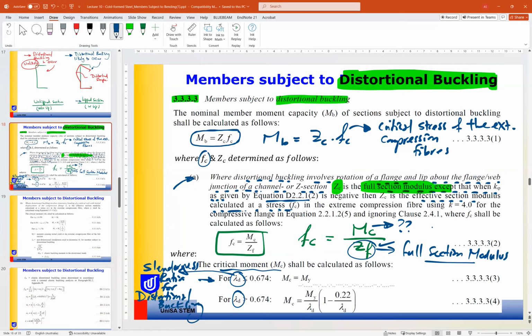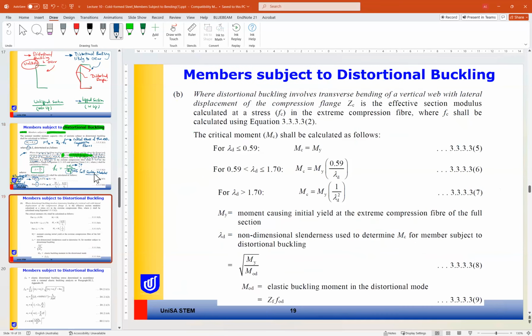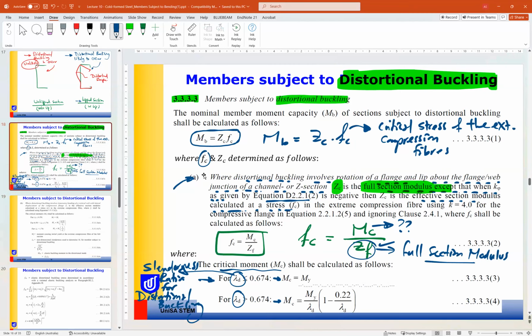So depending on lambda d, you can find MC using this formula or this formula. So MC equal to My, or MC equal to My divided by lambda d times 1 minus 0.22 divided by lambda d. So this is the case when distortional buckling involves rotation of the flange.